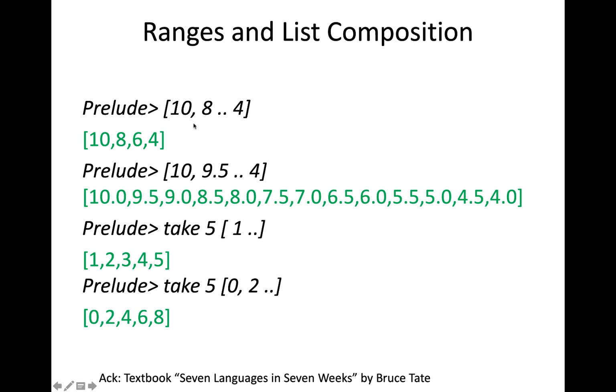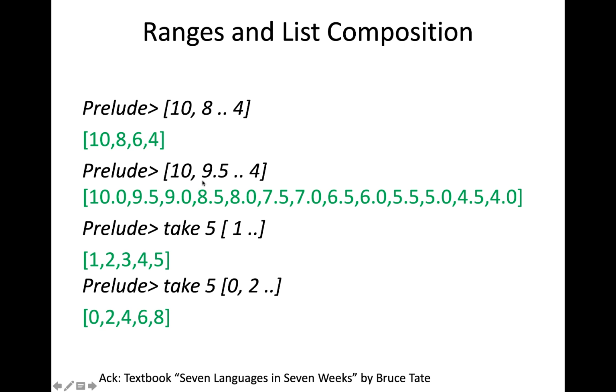Then Haskell can figure out that the list is 10, 8, because it is decrementing by 2, so the next element should be 6 and the last element is 4, so this has to be the list. And this construct, the dot dot, we call it range, right?